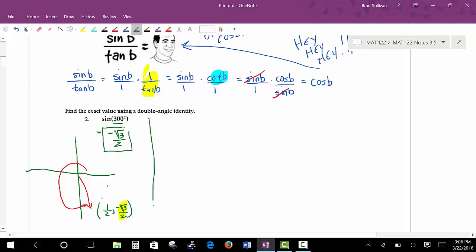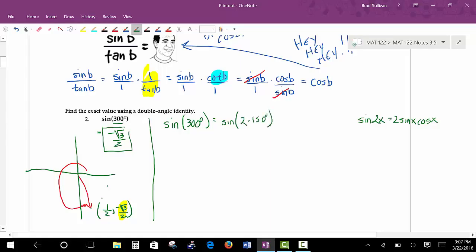Okay. Now we're going to do this in a totally different way. I'm going to illustrate how this works if you're using a double angle identity. So the double angle identity for sine goes like this: the sine of 2x is equal to 2 times the sine of x times the cosine of x. So if we're going to use this identity, we write 300 degrees as 2 times 150 degrees.